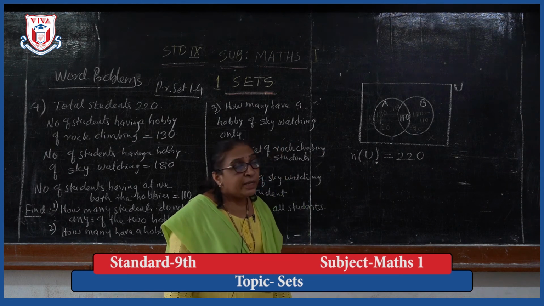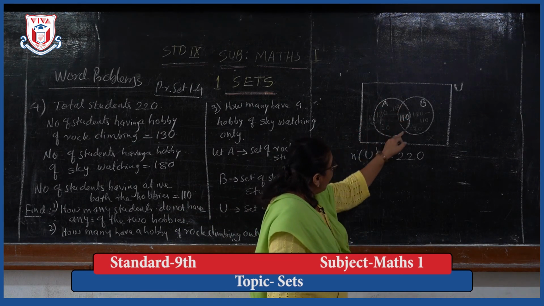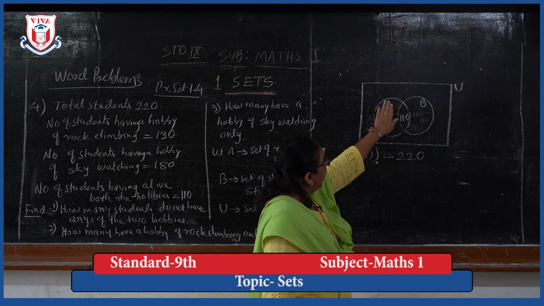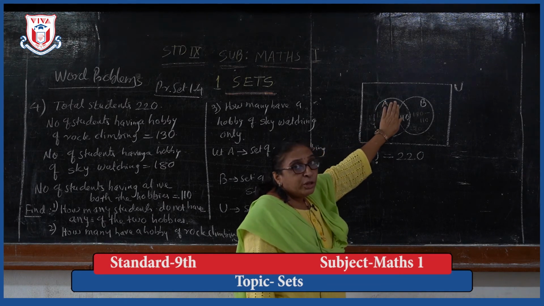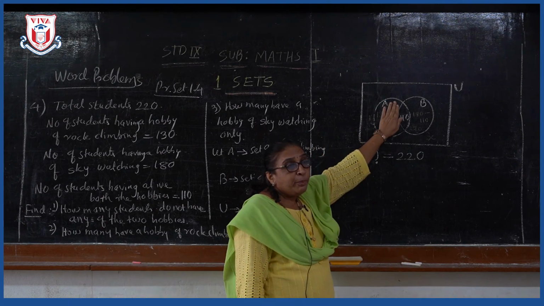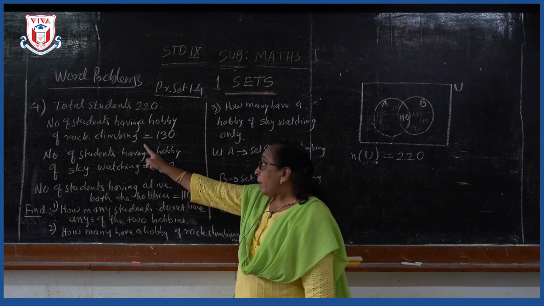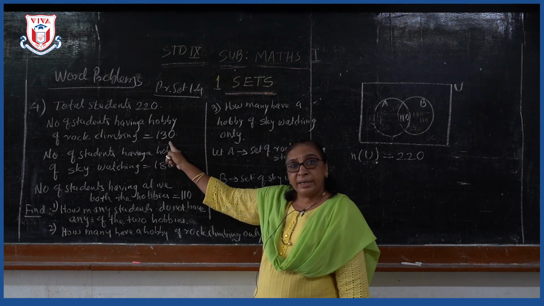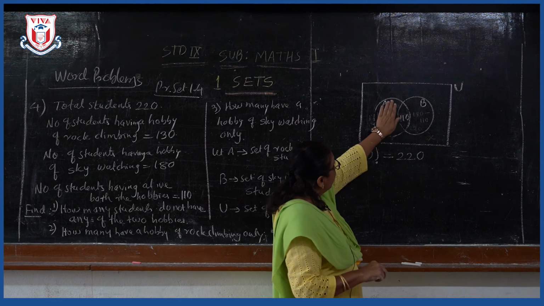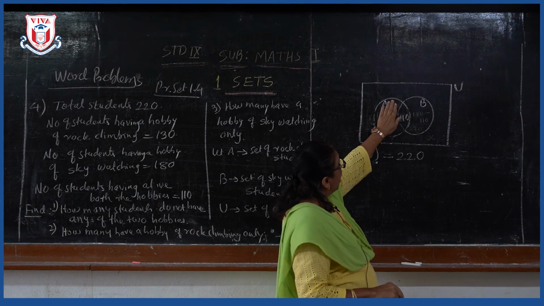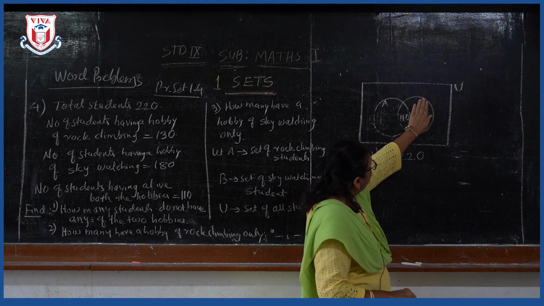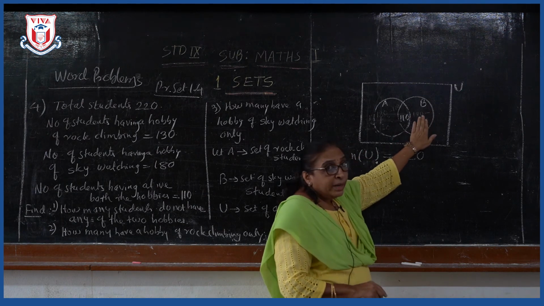Now, considering the set A, the number of students who have the hobby of rock climbing, they are 130, and the students who are sky watching, they are 180.